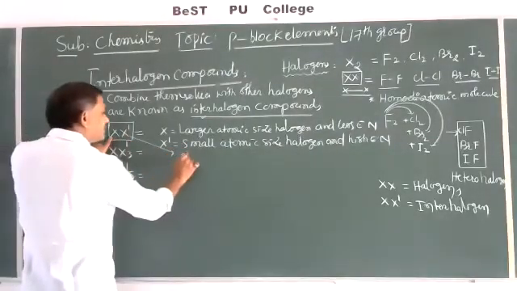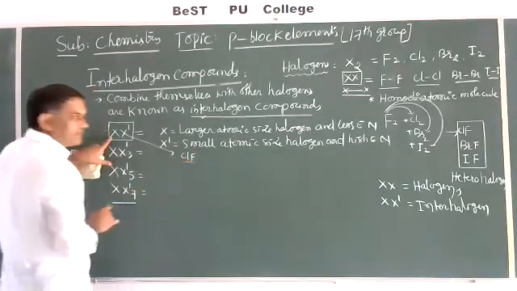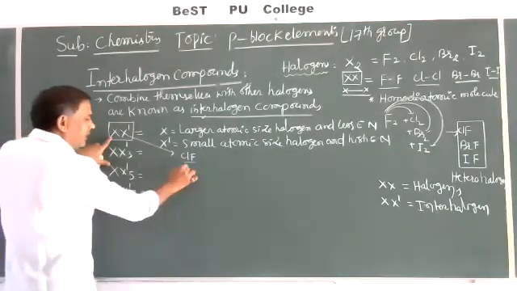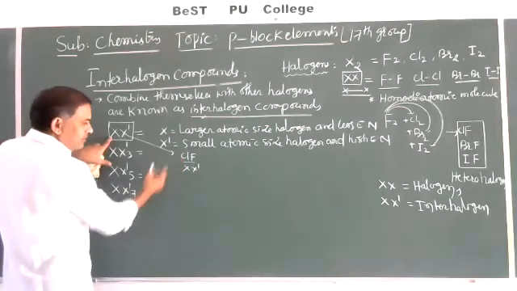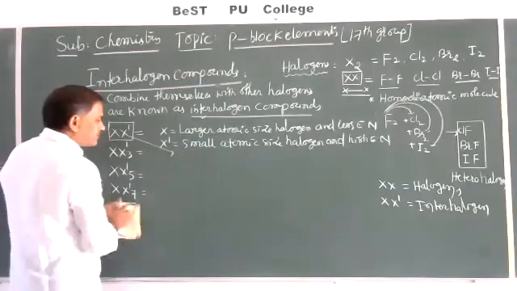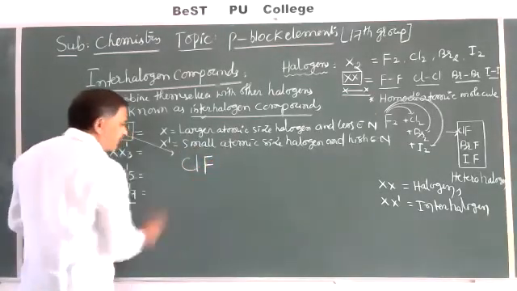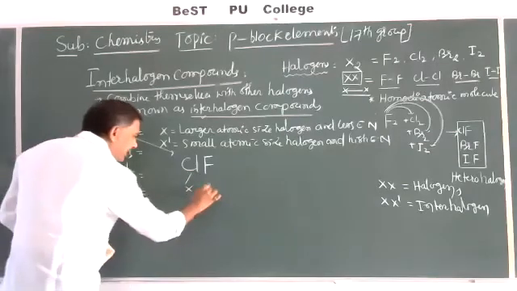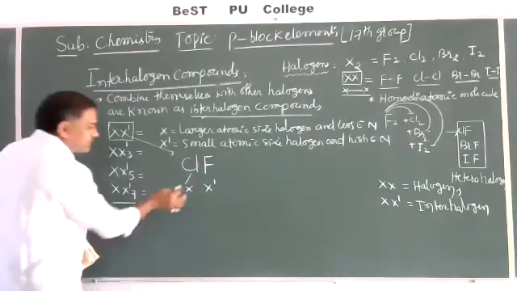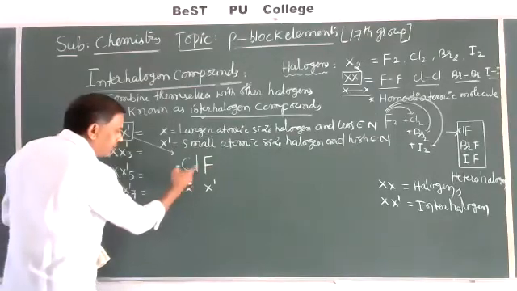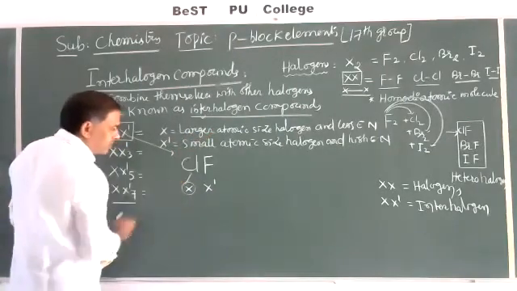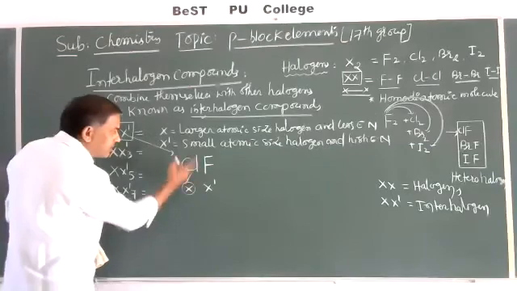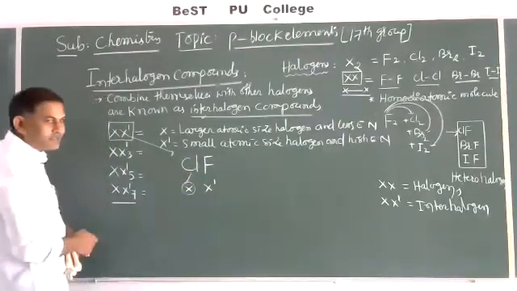An example is ClF. In this ClF, X is chlorine and X' is fluorine, because compared to chlorine and fluorine, chlorine is larger in atomic size and less electronegative, whereas fluorine is small in atomic size and highly electronegative.